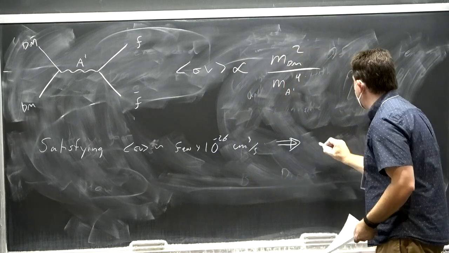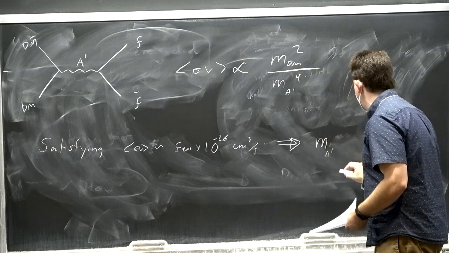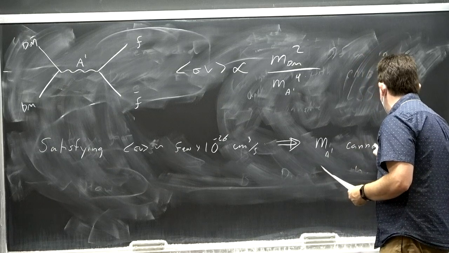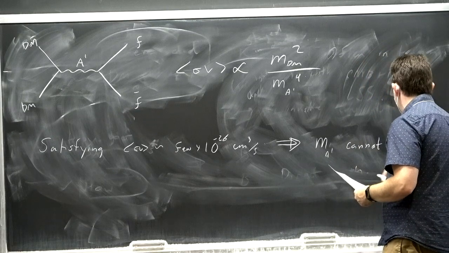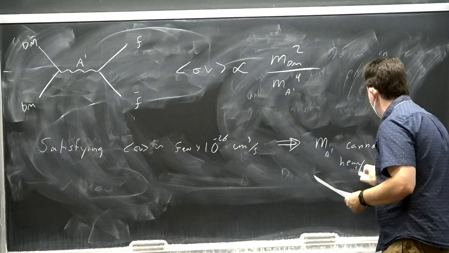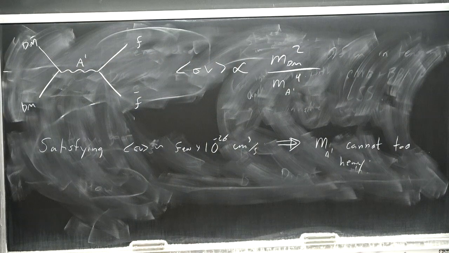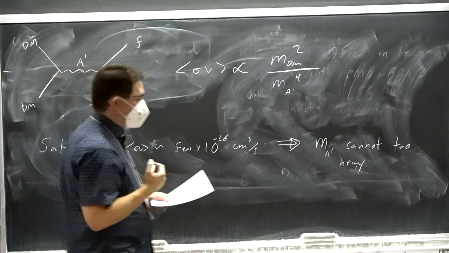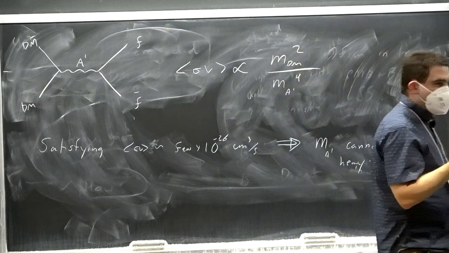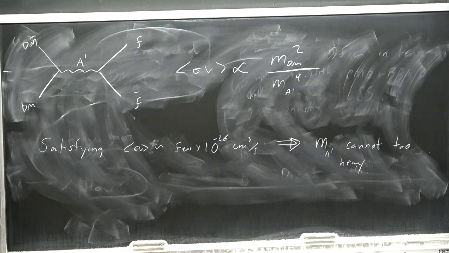This implies that the mass of your mediator cannot be too heavy. And in particular, for light dark matter, that mediator mass shouldn't be too far removed from the dark matter mass scale. So turning this around, if you're going to think about light thermal dark matter, you should be thinking about dark sectors which naturally have interactions that are not too far removed from the scale of the dark matter itself, from the scale of the dark sector itself.